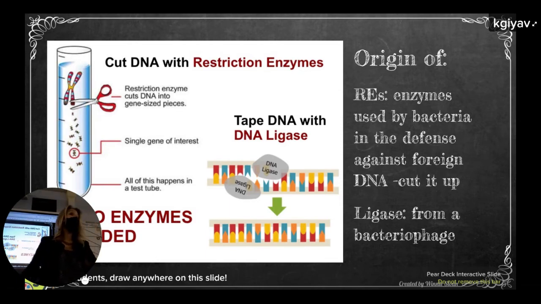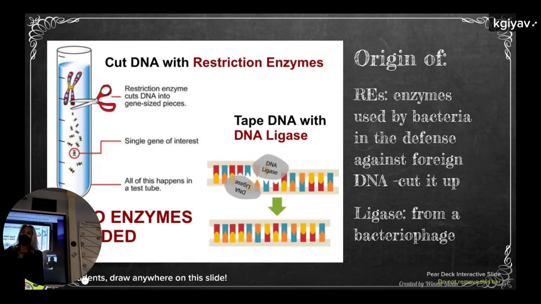And where did we get the ligase that we use in genetic engineering? Viruses. They call it T4 ligase, and it comes from a genome located in a virus. There are other ones too, but the T4 ligase is the common one. Perfect. It says right here, ligase from a bacteriophage. Remember, bacteriophages are viruses that infect bacteria. Any questions on that?